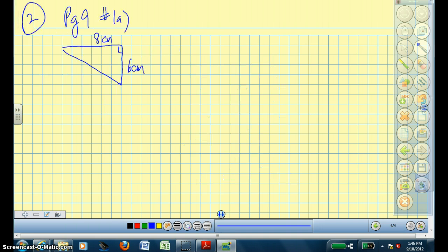Let's look at another example. This is question 1A from page 9. And we have this side labeled as 8 centimeters, this side labeled as 6 centimeters. Again, if we label the sides, this could be side A, this could be side B, and this could be side C. C squared equals A squared plus B squared.